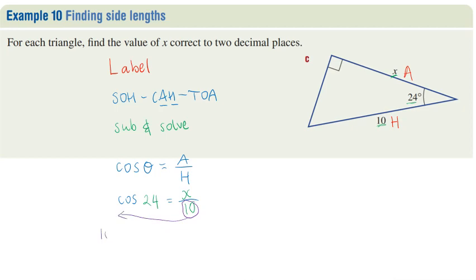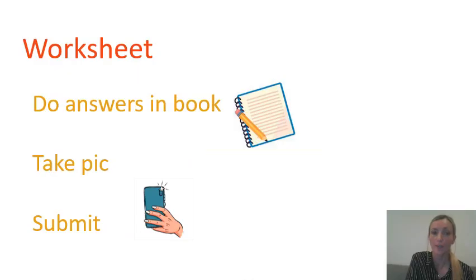So I'll have 10 times cos 24 equals x. Pop that into the calculator and that should give you 9.14 equals x.